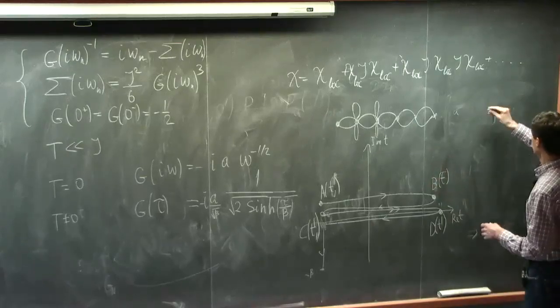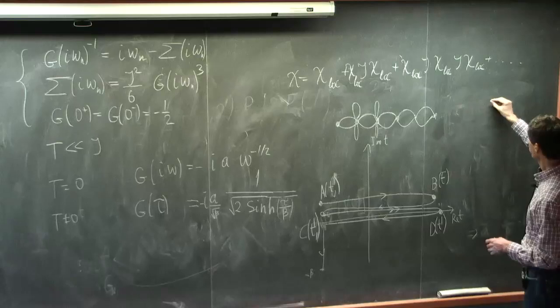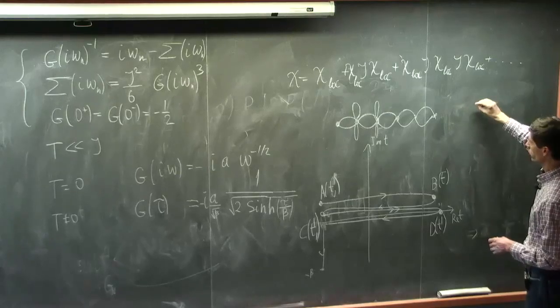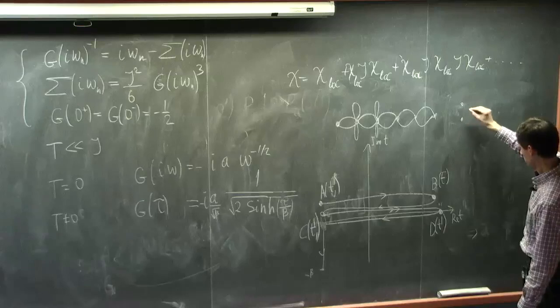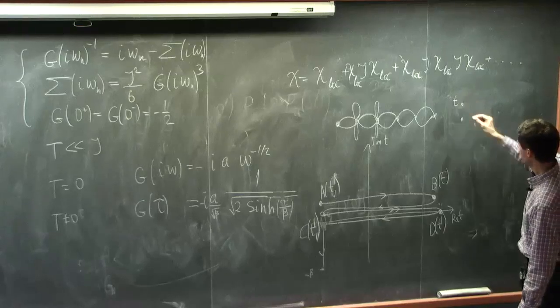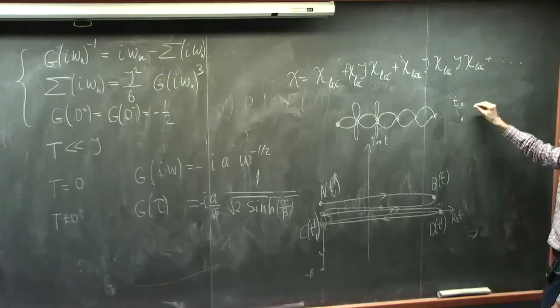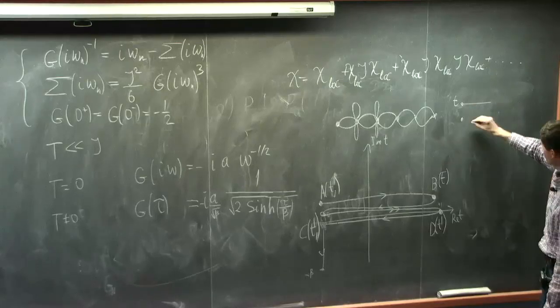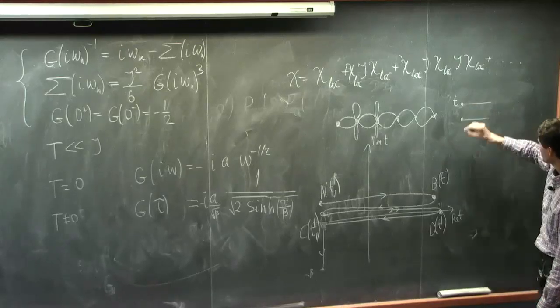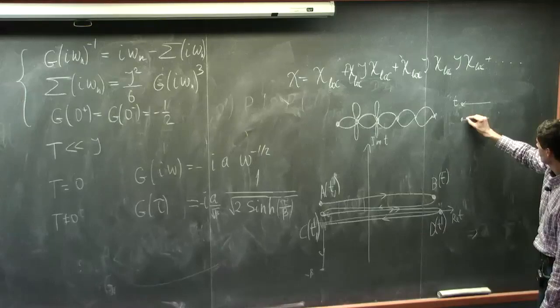Let me write the kernel more exactly. Let me flip the picture. It's better to multiply matrices right to left, because I'm used to doing this.